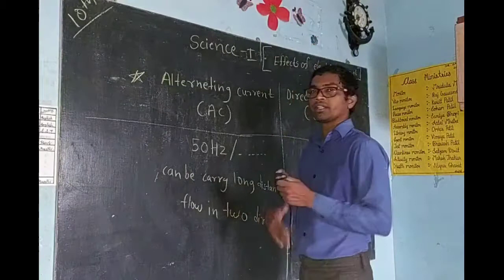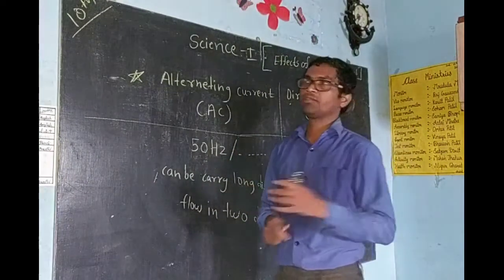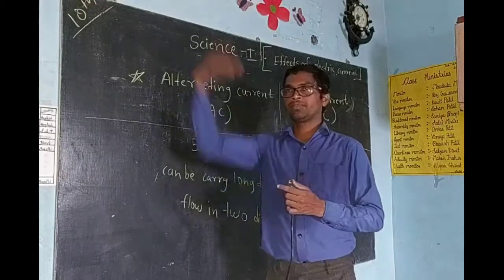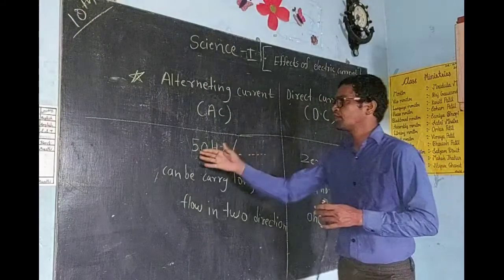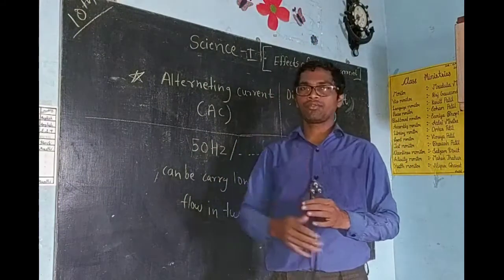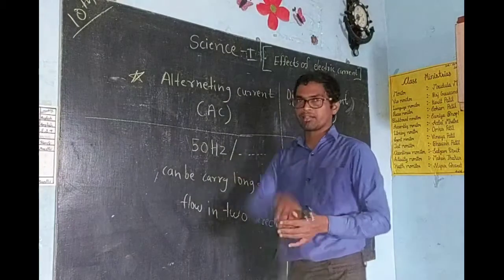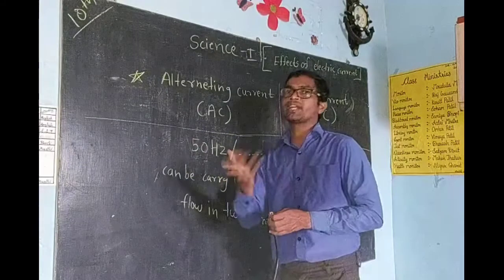Actually these frequencies differ in different countries according to their range. If you go to different countries, the European countries, they are 40 hertz, that is frequency, meaning 40 times on-off. In our country it is 50 hertz, meaning 50 times on-off.